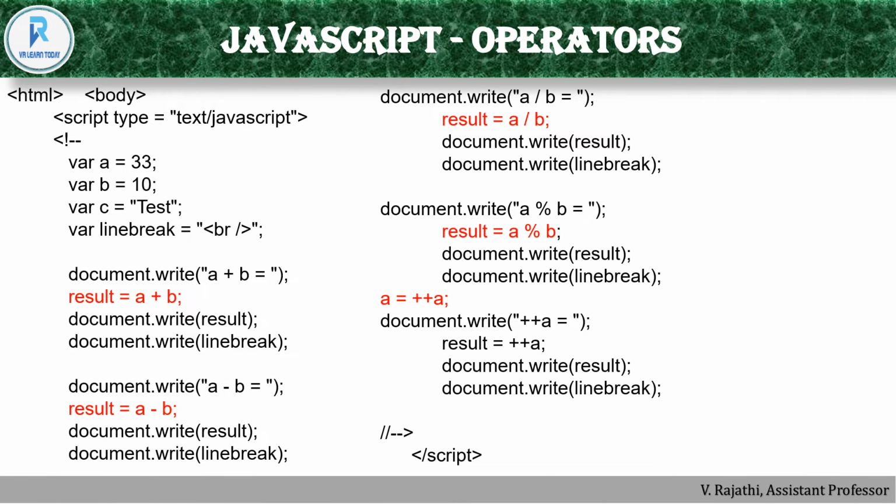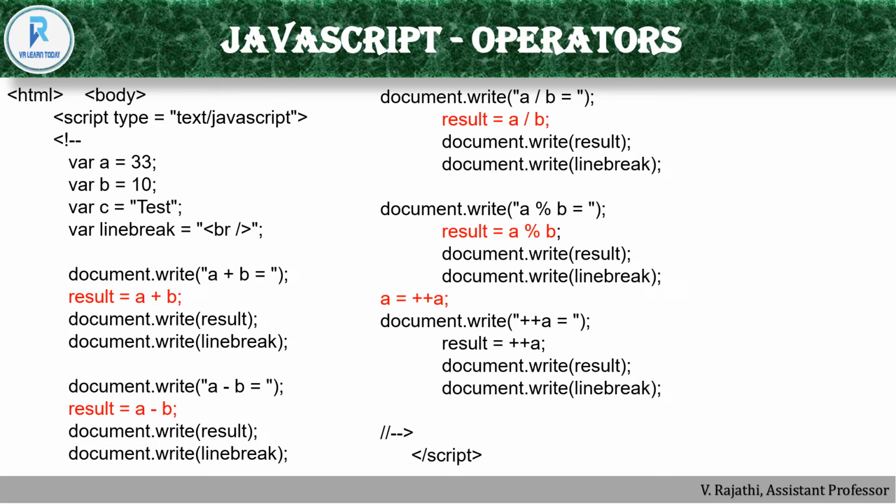I will give only a single program for everything. This is the way we declare a variable: var a equal to 33. Then we can give the line break.